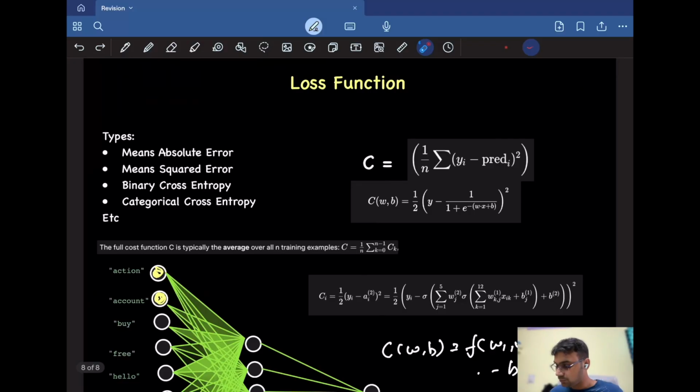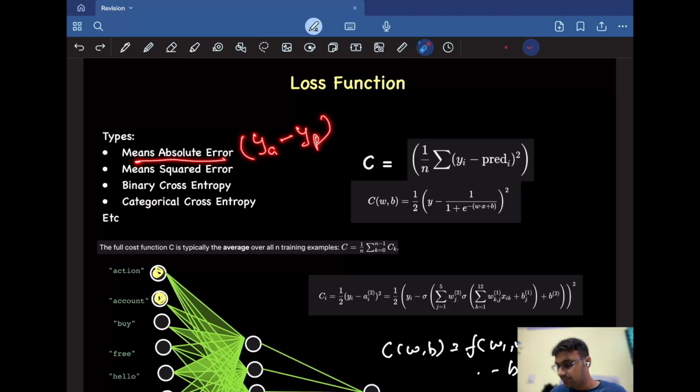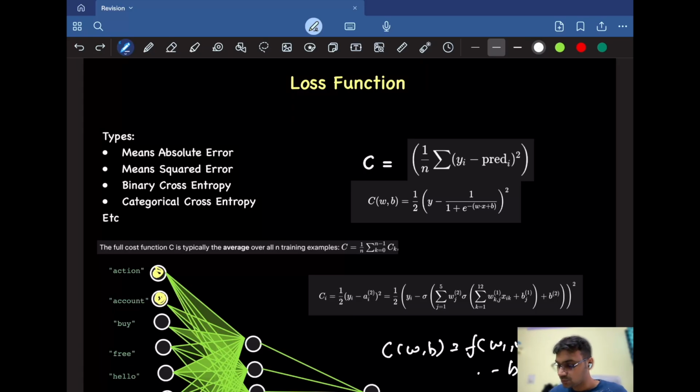A few ways we can calculate this loss are mean absolute error, which is simply y actual minus y predicted, and mean squared error, which we are going to use. The advantage of this is that if there is a small error, it will not be highlighted that much. Let's say the model predicted 0.9 and the actual value is 1.